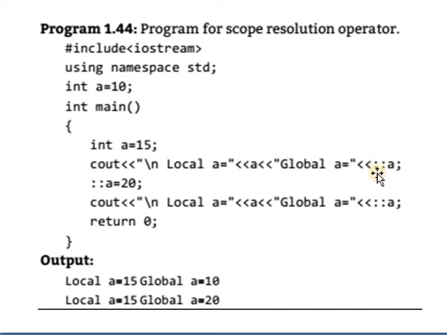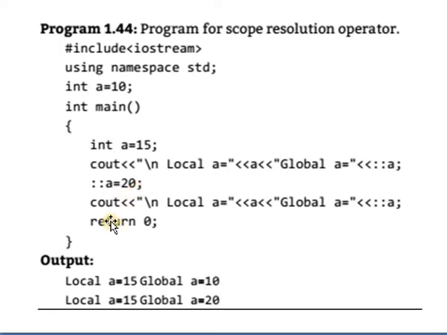Scope resolution operator we are using for accessing the global variable's value. Here scope resolution operator is applied for the variable a, means here global variable a's value is 10. Then next scope resolution operator is again applied for a and a is initialized with the value 20.